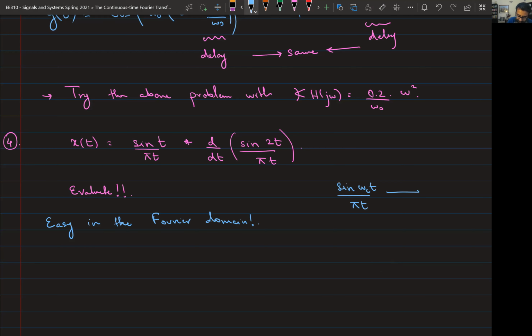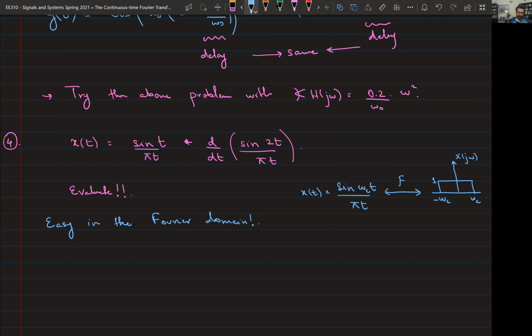If I take the Fourier transform of this, it is a rectangular pulse. And this is an ideal low pass filter, by the way, right? So this is X(j omega), and X(j omega) is equal to 1 from minus omega c to plus omega c, and the height is 1. So this is X(j omega), and this is x of t, right? So this is the result we know.